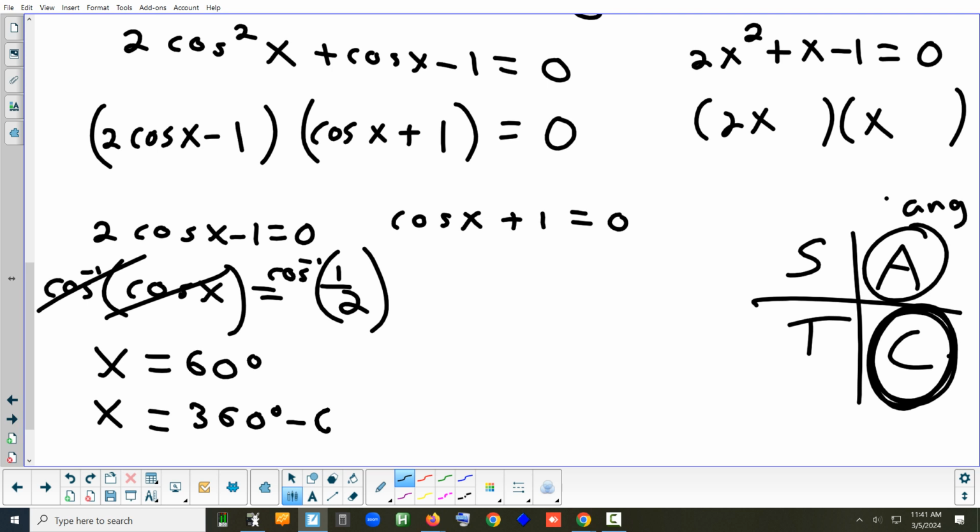So the other answer is 360 minus 60, which is 300. Now, if you want both of them in radians, that's pi over 3. And what do you multiply 60 by to change it to 300?